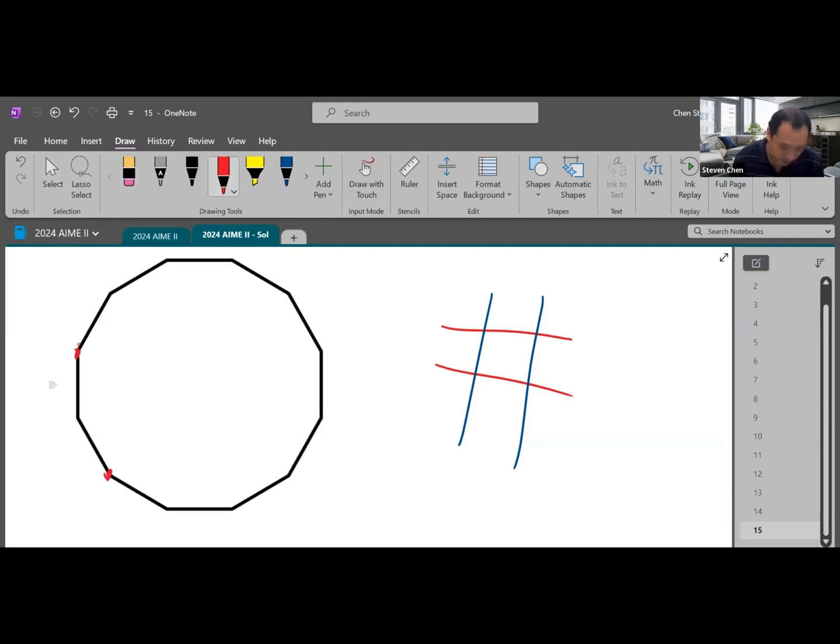Let's say these two. If you look at the minor arc, there's a single vertex between these two. So the distance between these two is 1. And for these two, there's no vertex between them. So we say that the distance between these two is 0. Okay? So this is the first notion I need to define here, the distance between two vertices.